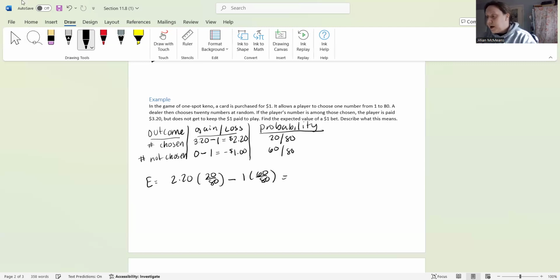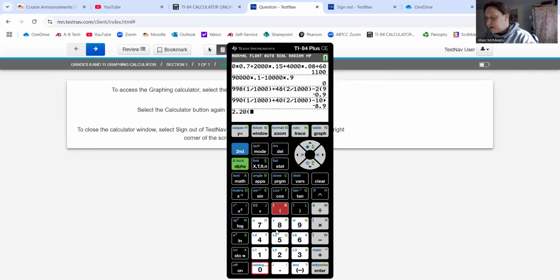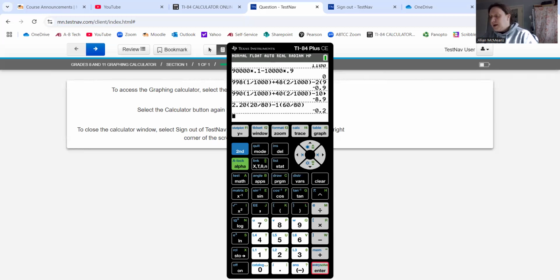Let's scoot over to the calculator to see what our expected value would be. So we have $2.20 times 20 over 80, or we have a loss of $1 with a probability of 60 over 80. So you want it to look like this. All right. Hit enter, and we get negative 0.2. Let's go to the worksheet to figure out what that means. All right.